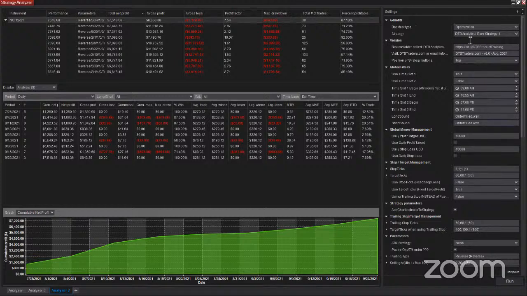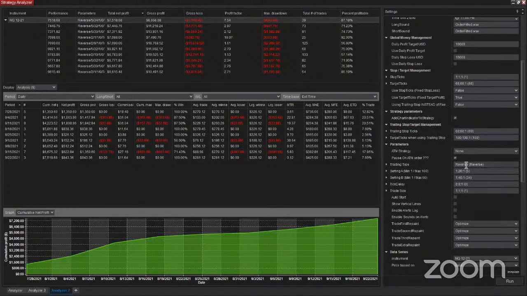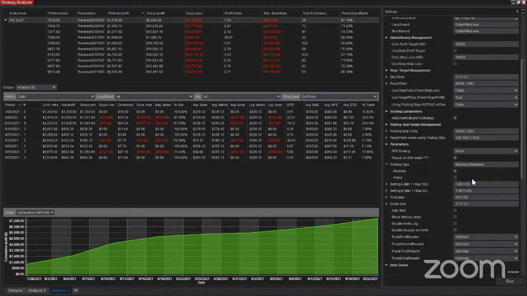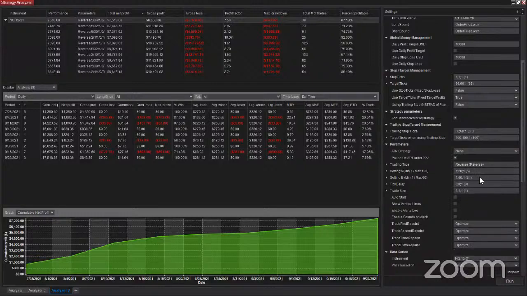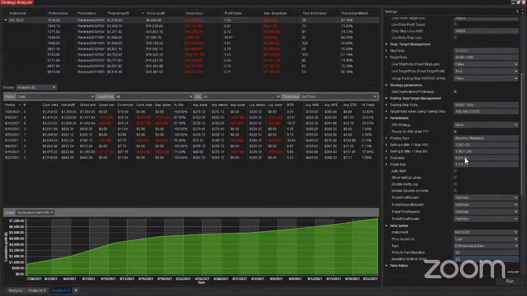Okay, so if you look at this, you're going to notice I'm optimizing both trend and reverse. Actually, I think I did trend and then I did reverse separately, and reverse actually showed the best settings. And what else did I do? So I've optimized all of these, and I also used a target tick.